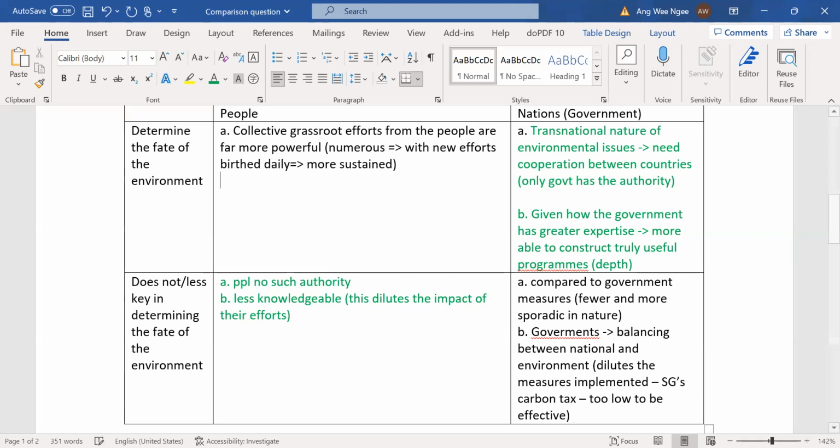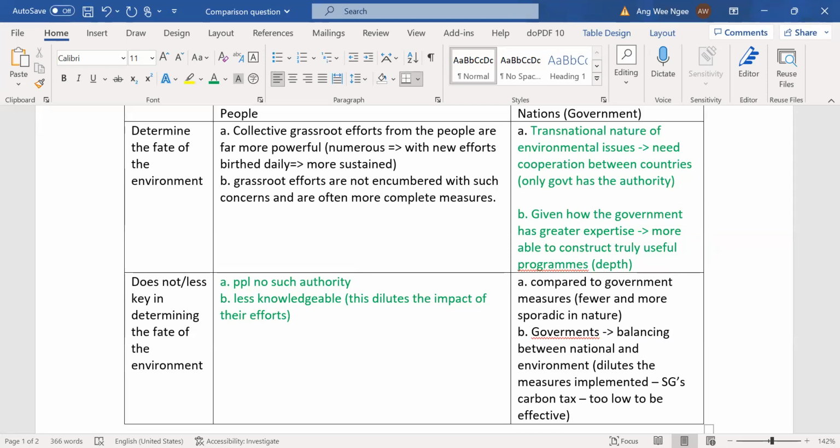So you are going to link it over to the people side. So people are actually much better. Why? Because all these grassroots efforts are not encumbered. They're not bogged down. They're not burdened with such concerns, and can be more, they're often more complete measures.